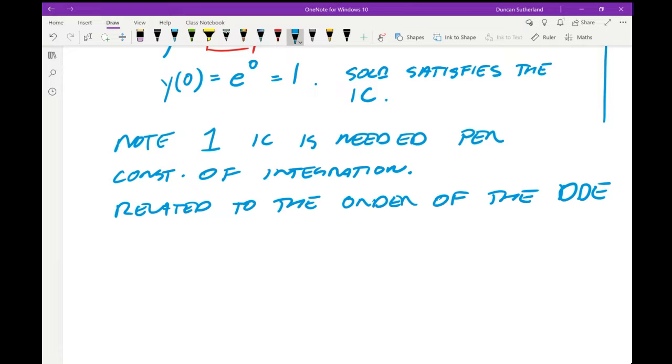If we have a more complicated example, let's think of dy/dt equal, say, y squared. An exponential isn't going to satisfy that. We don't actually know how to just guess a solution to this.